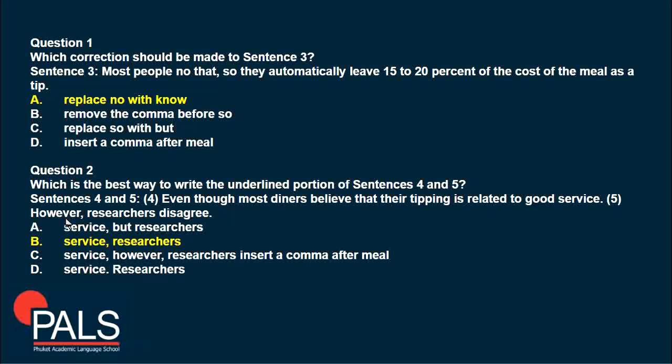So if we use however, it's too redundant. Okay, so the best option here is letter B. Why not but, teacher? We have a transition word here, which is even though. So we cannot use that, and of course we cannot put a full stop because we're trying to connect a dependent clause. All right. So letter B is the correct answer.